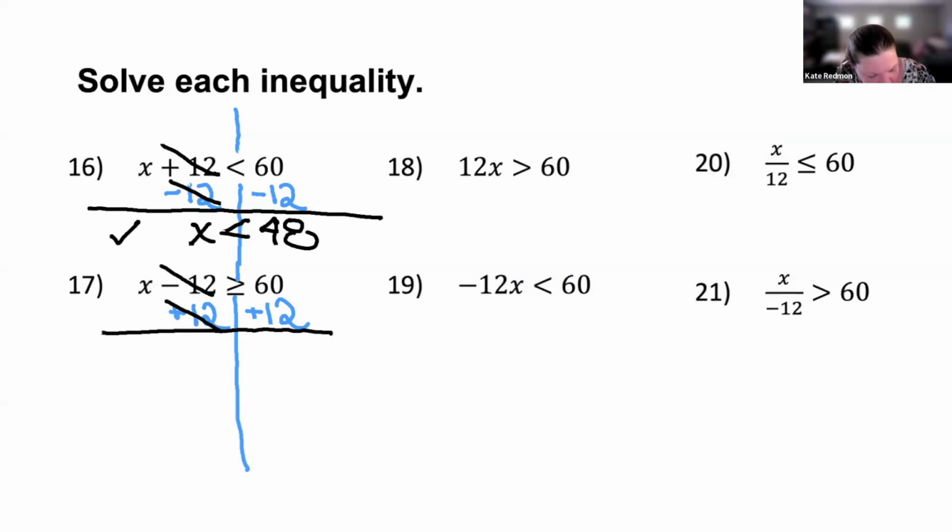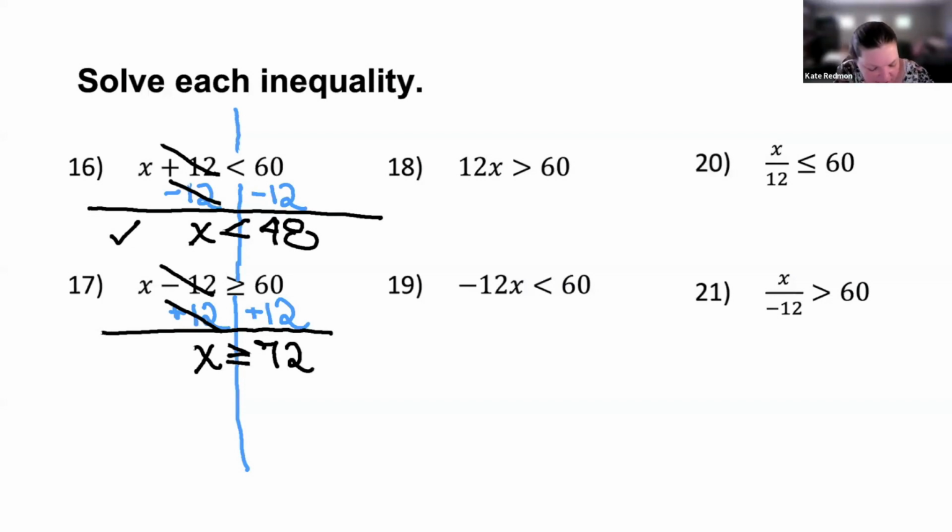Subtracting 12 and adding 12 are opposites. They cancel. X alone, just like I wanted. Adding never, ever, ever affects the inequality symbol, so I'll still have a greater than or equal to, and 60 plus 12 is 72. So what would x have to be in order to make the inequality above true? X would have to be anything greater than or equal to 72.